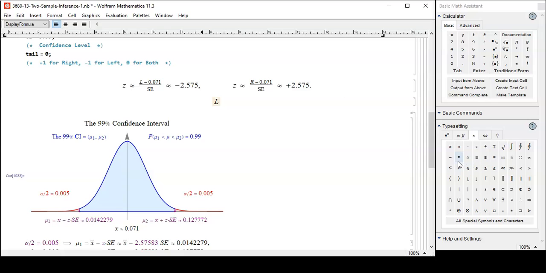You're going to get that L is approximately equal to 0.071 minus the z-score of 2.575 times the SE value.